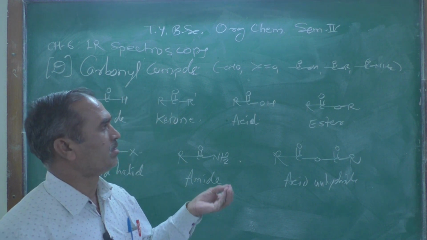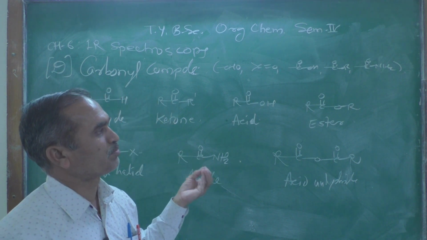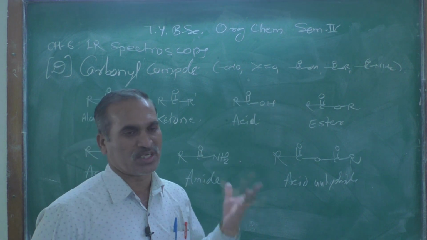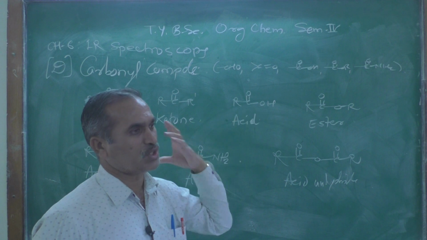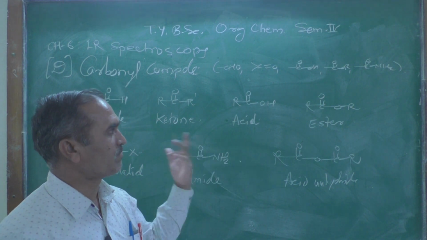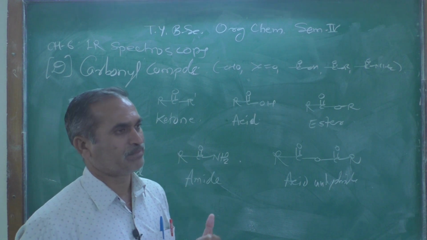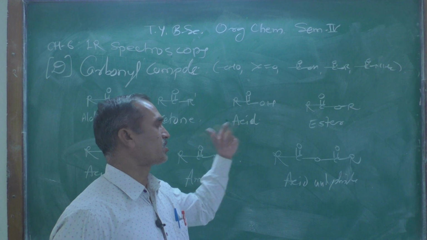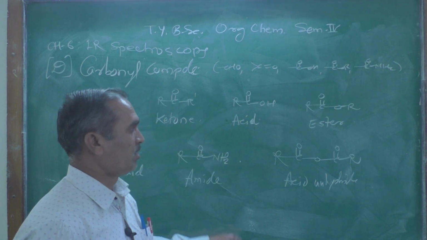There will be a continuous process of esterification, and the resulting compound formed is called ester. So in this way we can synthesize ester starting from the acid.